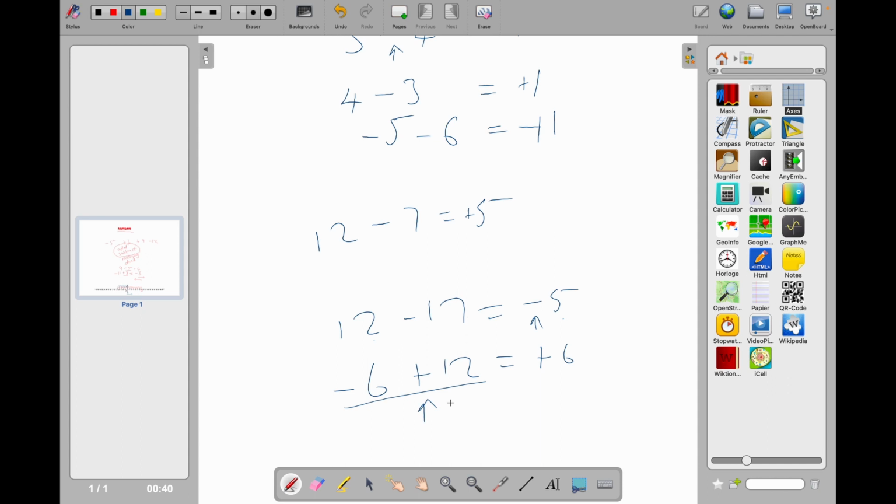So you can see that we can do these operations the whole day, but the general rule is: if the signs are different, you subtract and you get the sign from the bigger number. If the signs are the same, you add and you just take the common sign and put it on the answer.